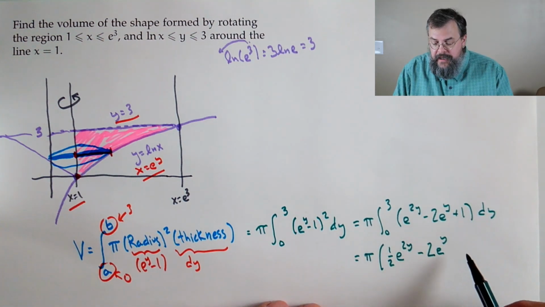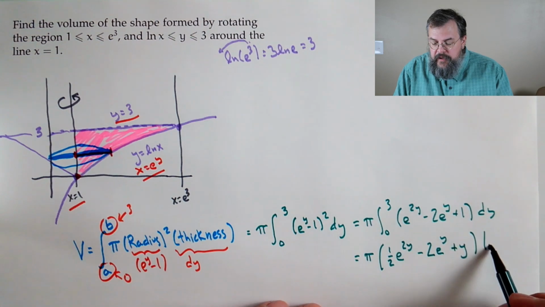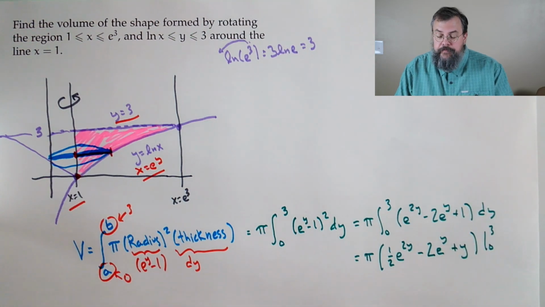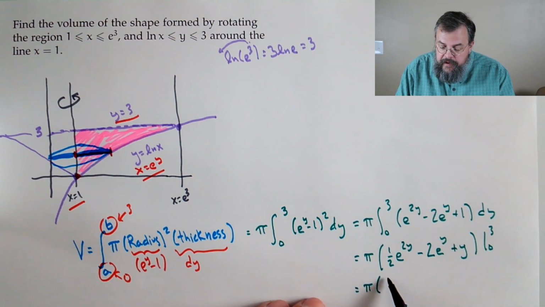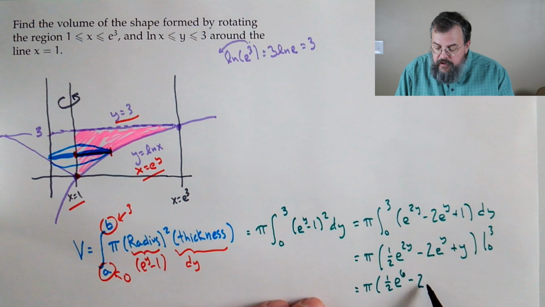Plus 1, the integral of that is plus y, from 0 to 3. Okay, so we plug it in. So we get pi times 1/2, 2 times 3 gives us 6, so 1/2 e to the 6 minus 2e to the 3 plus 3.